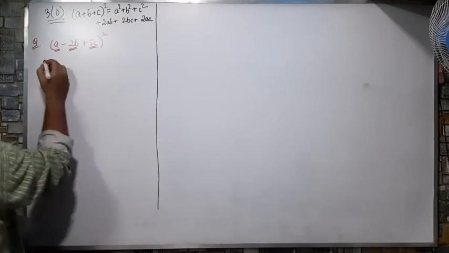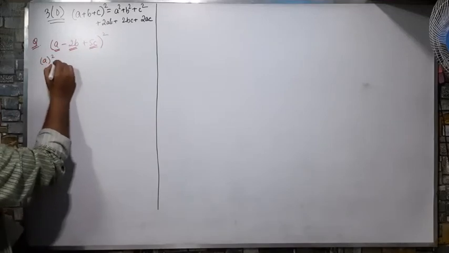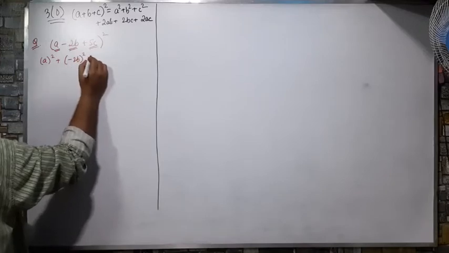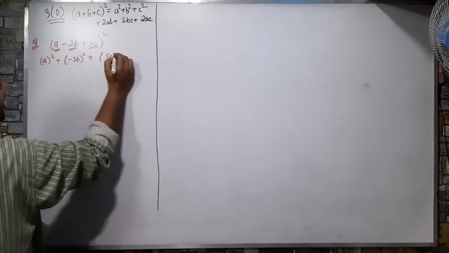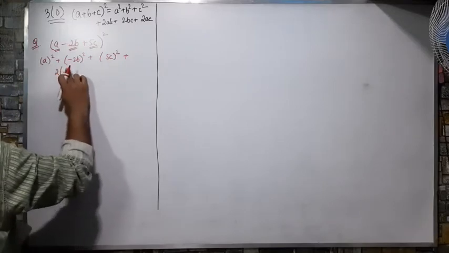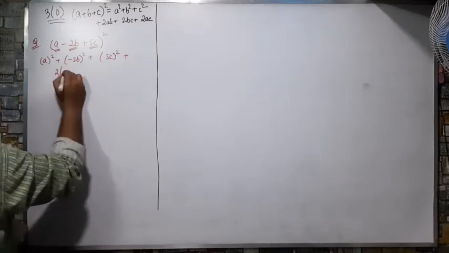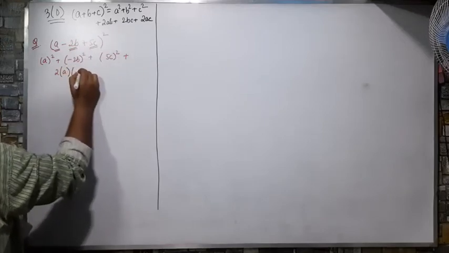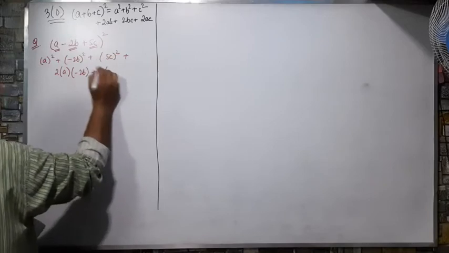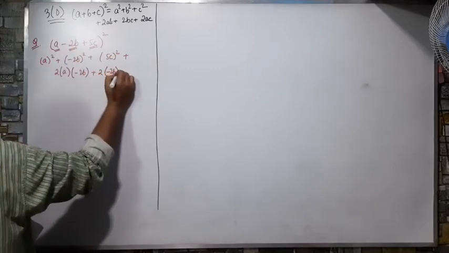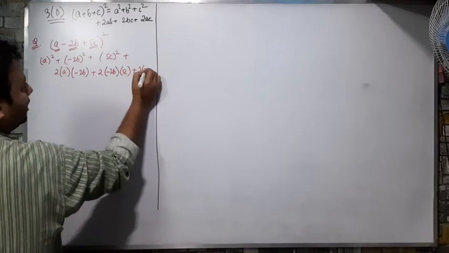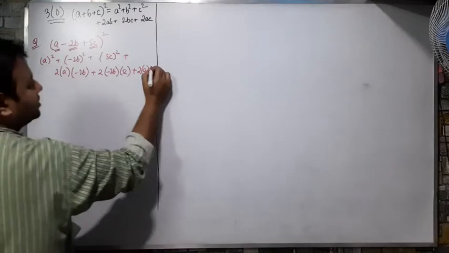So first of all, a square, plus b square, means minus 2b whole square, plus 5c whole square, plus 2 into a into b, means minus 2b, plus 2bc, this is b, this is c, means minus 2b into 5c, plus 2ac, 2 into a and c means 5c.